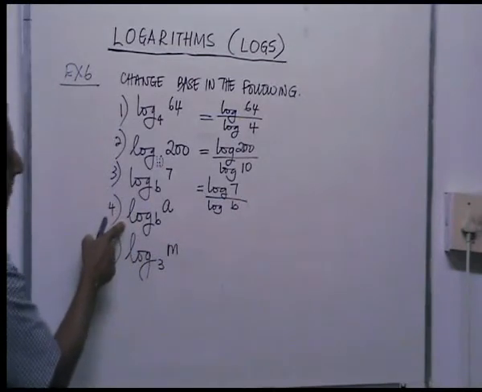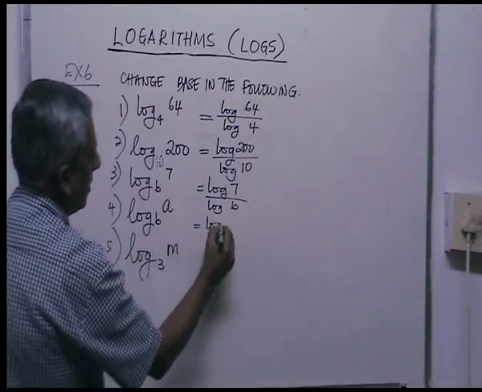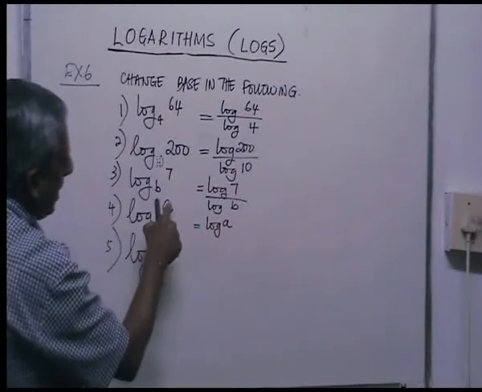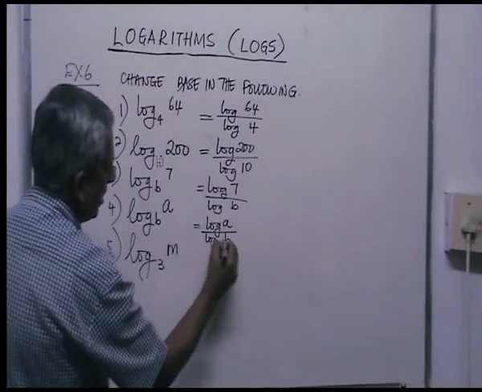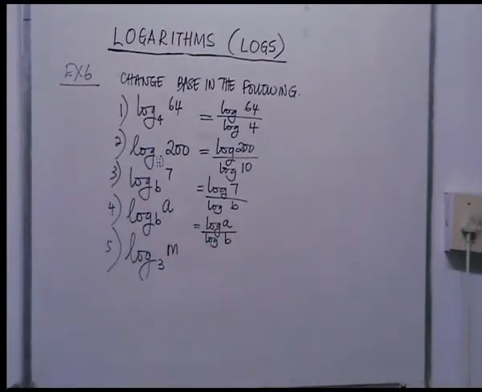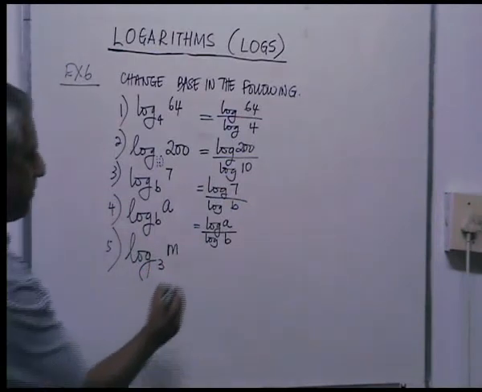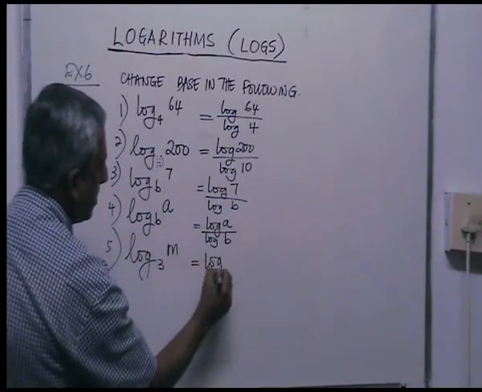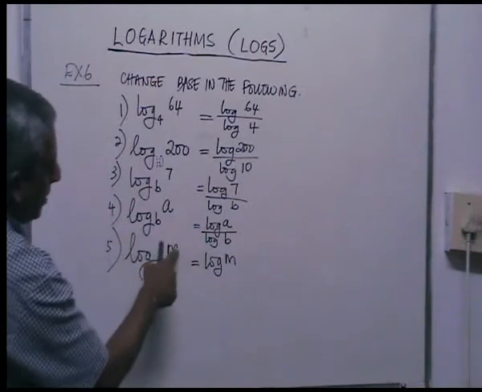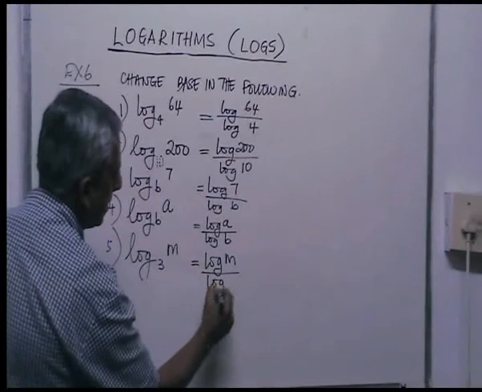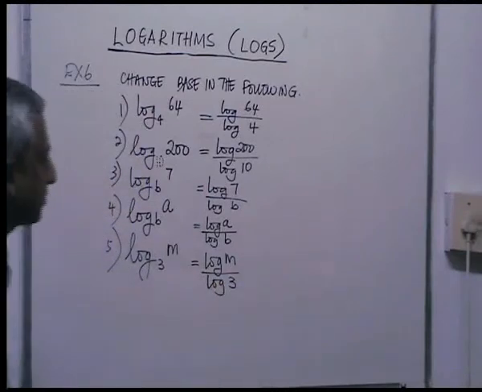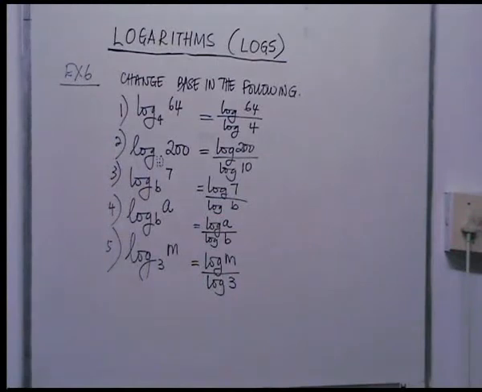Number 4 would be log a over, remember it's all over, log b. Right? And finally the last one, that will be log m over log b.